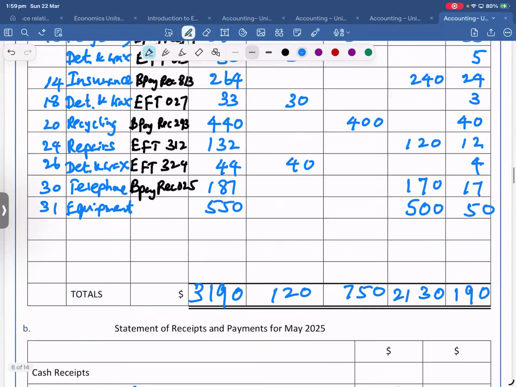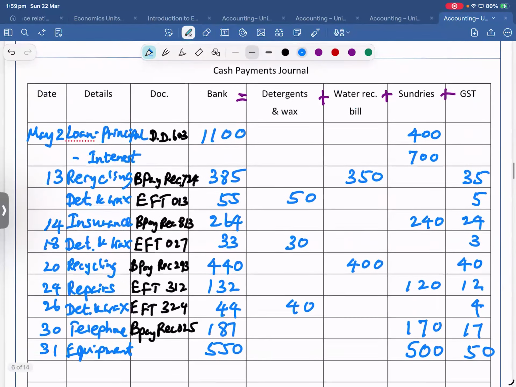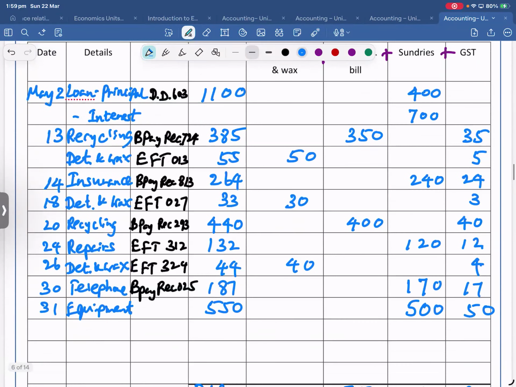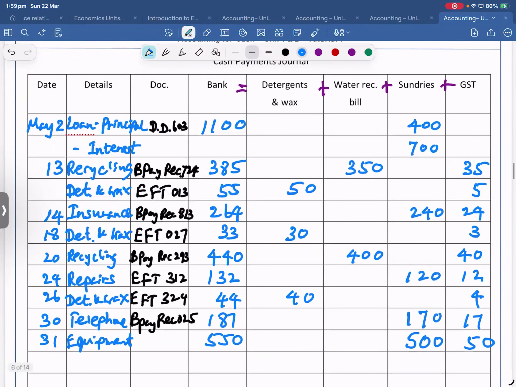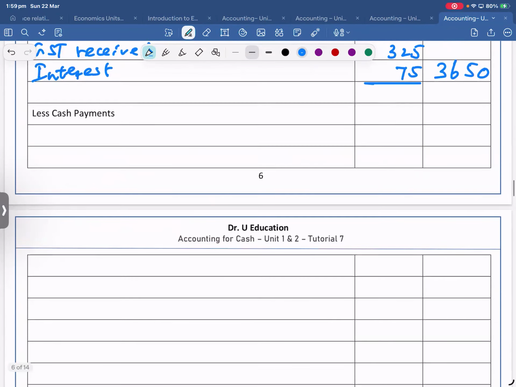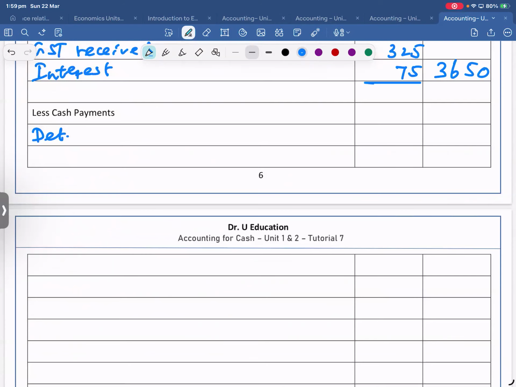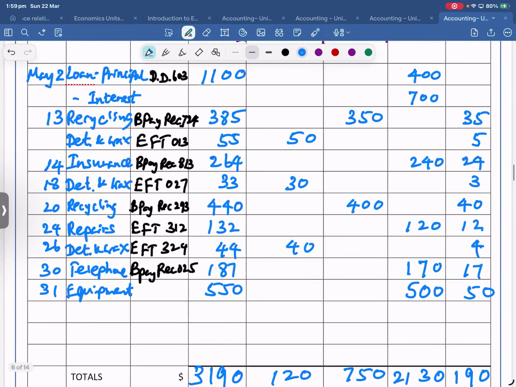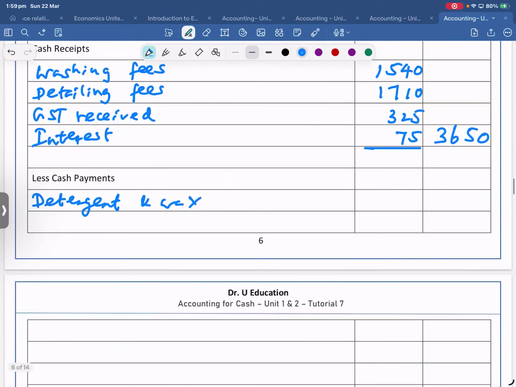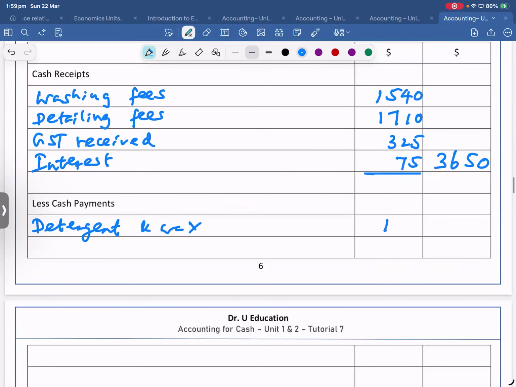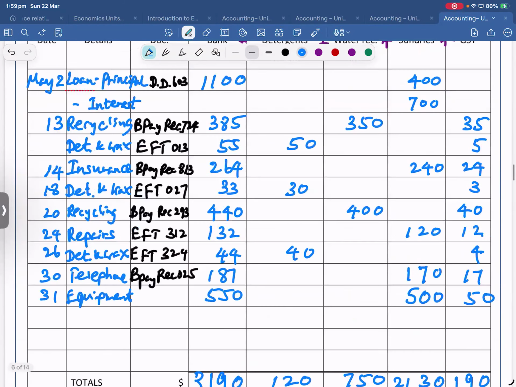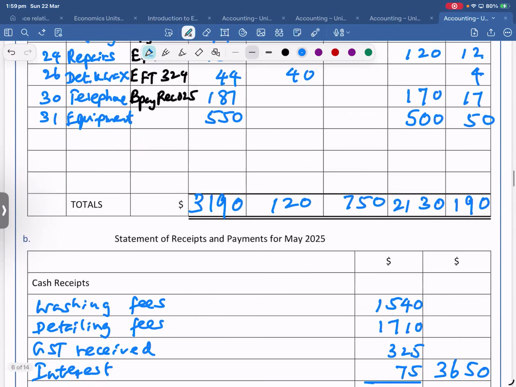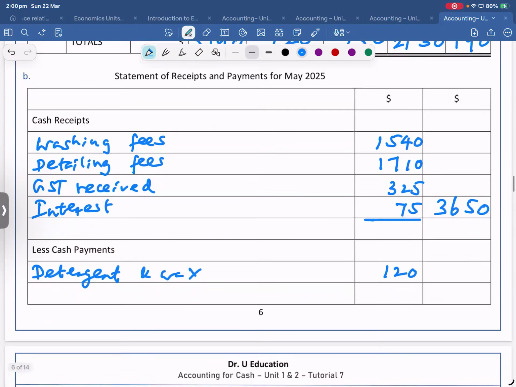Same thing we are doing. We have sundries, many items. Okay, firstly we'll put detergent and wax. Detergent and wax, how much? 120. Then water recycling 750.